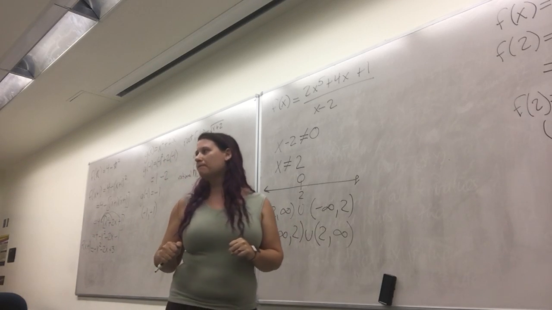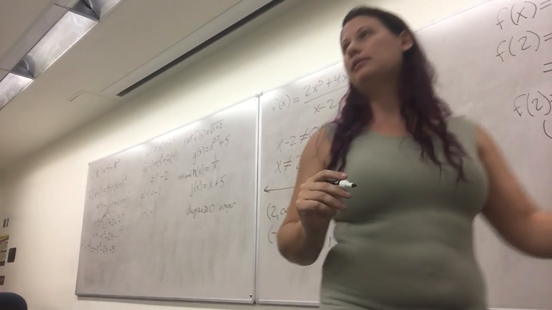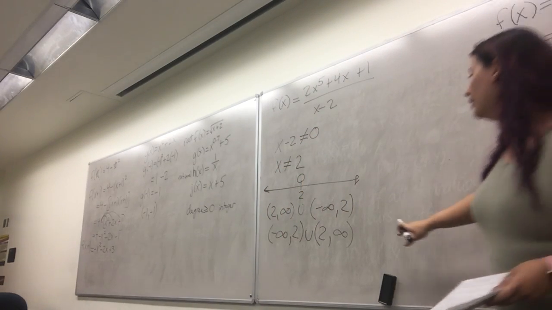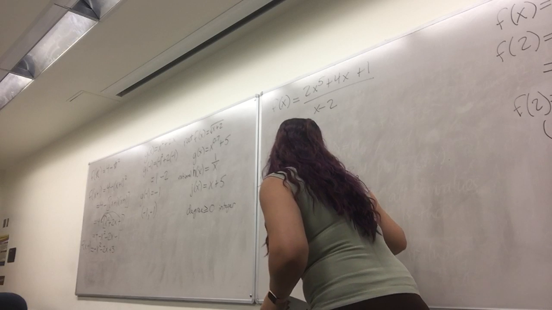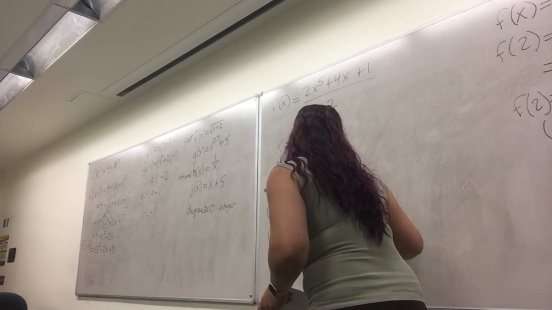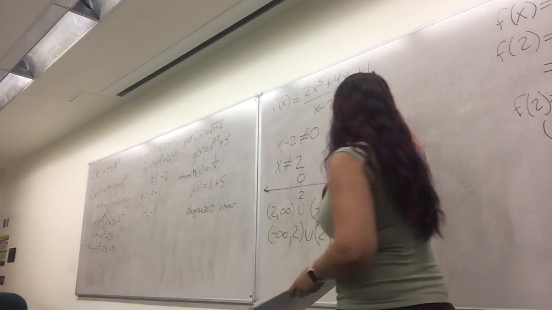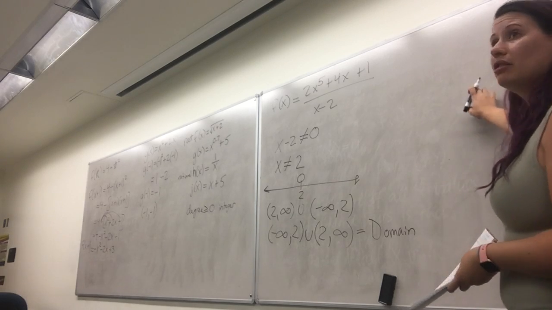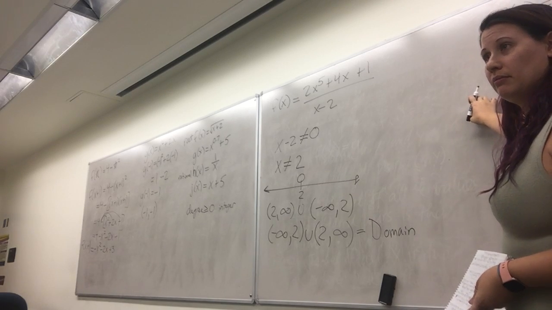Does that make sense? This is the domain of this function. So it's just whatever makes the bottom equal 0. Find whatever makes the bottom equal 0 when it's a rational function. Okay?